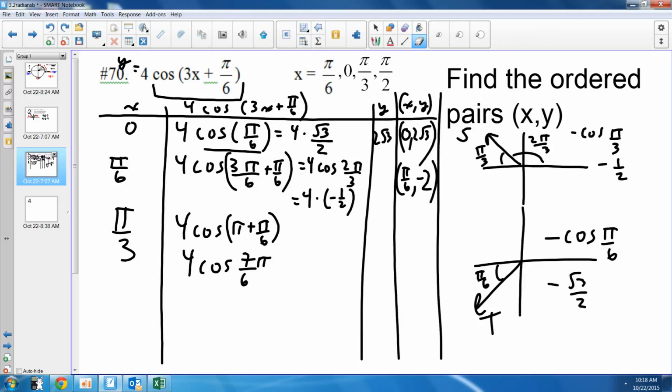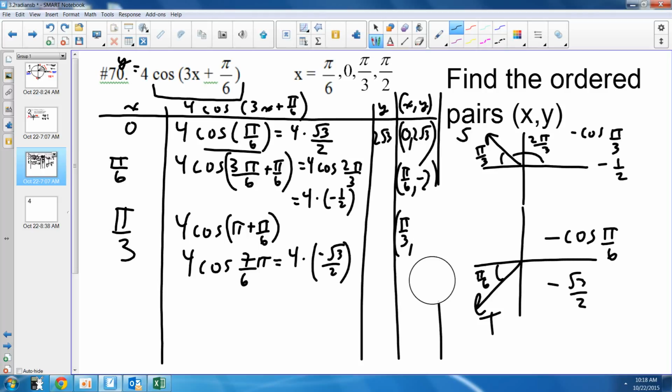And now what I'm going to do is write down 4 times negative radical 3 over 2, which means that at pi over 3, it's going to be negative 2 square roots of 3. Because the 2 goes into the 4 2 times, 2 times negative radical 3.